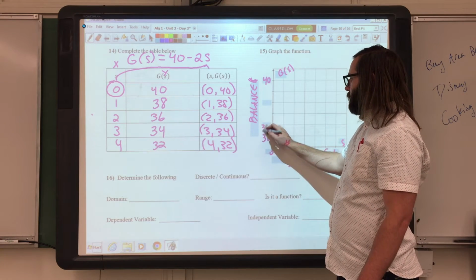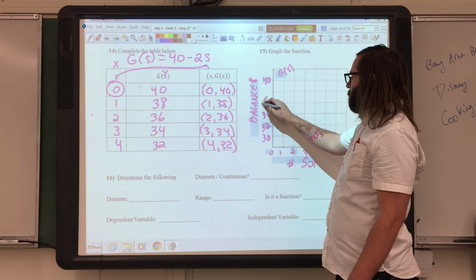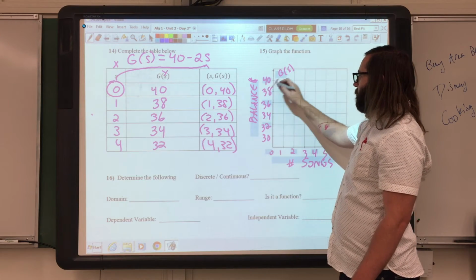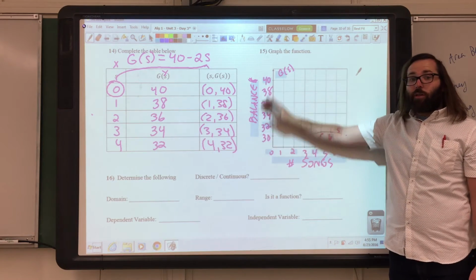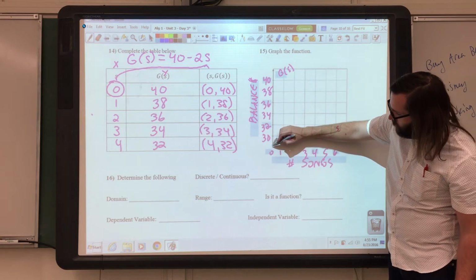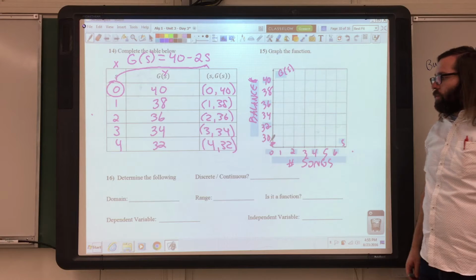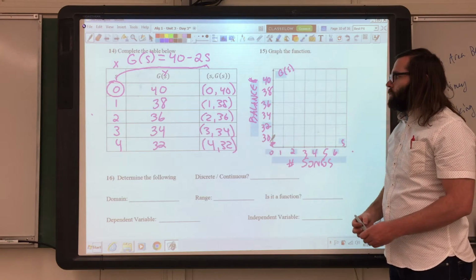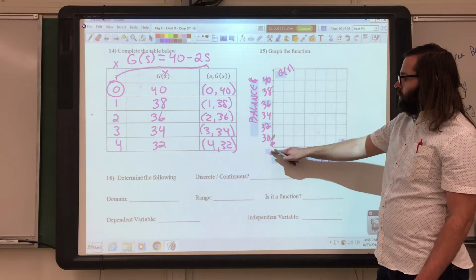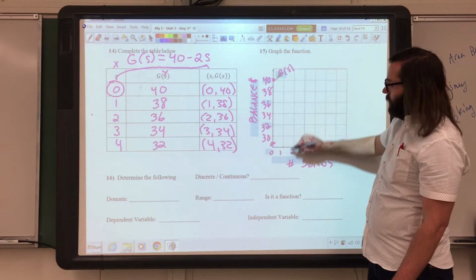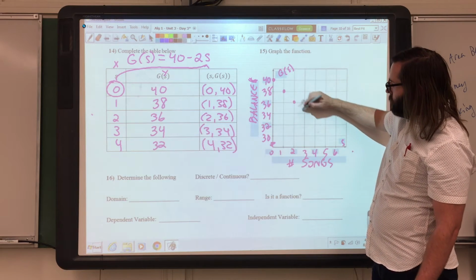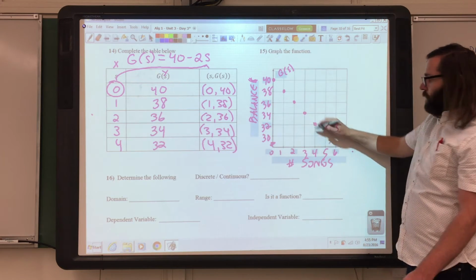So there's 30, 32. Okay. This would be really zoomed in, so you'd have to do a little break in your graph there, but don't worry about that. Okay, you zoom in. 0 downloads, 40. 1, 2, and we keep going down.